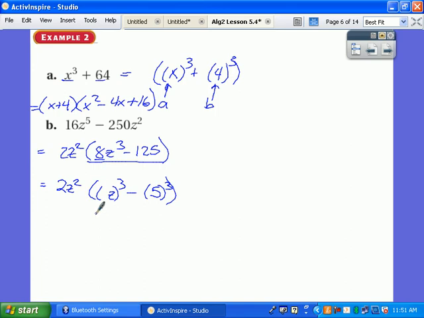But how do I rewrite the 8 as something cubed? And I gave it away. Spoiler alert, I gave you the ending. This is just a 2 here. I need to rewrite 8z cubed as some quantity cubed, because that's what the formula tells me. I have to have a, and I need to know what a is, and I have to have b, and I need to know what b is.